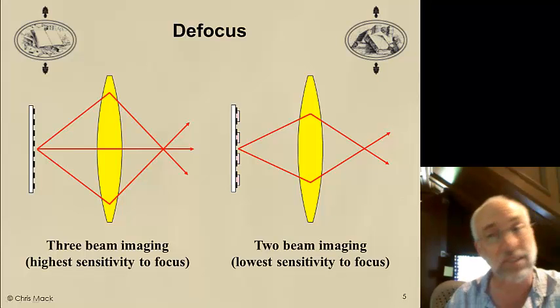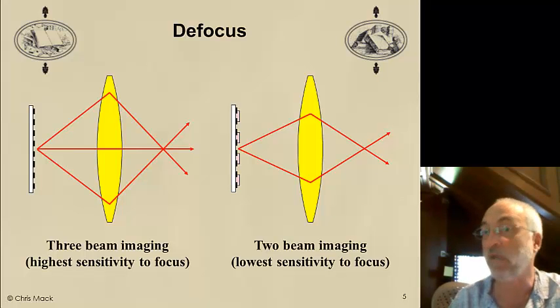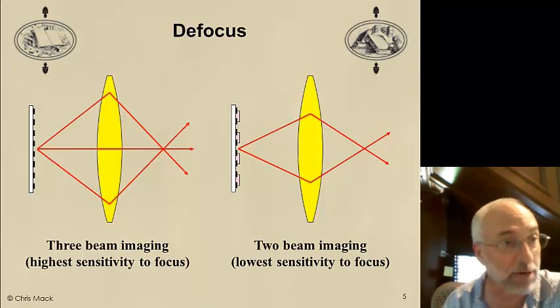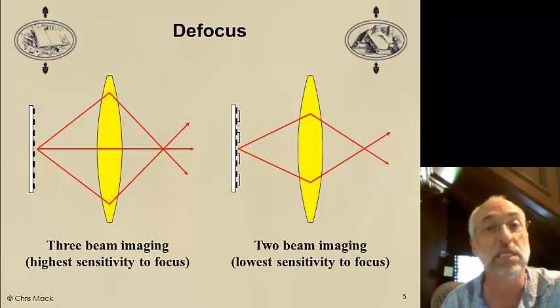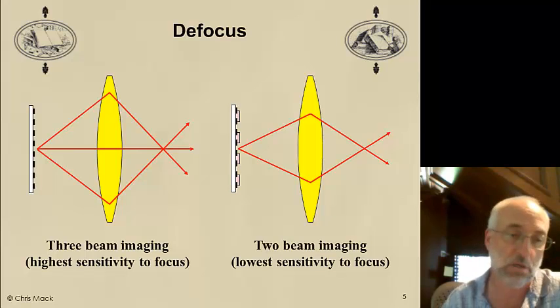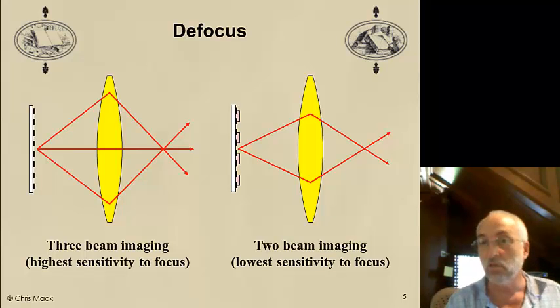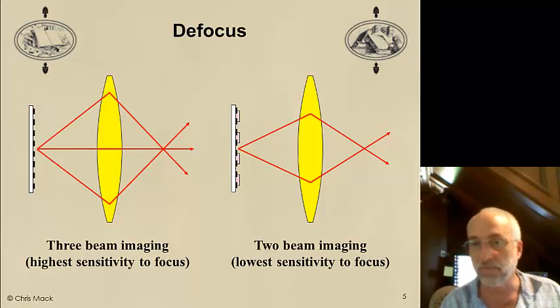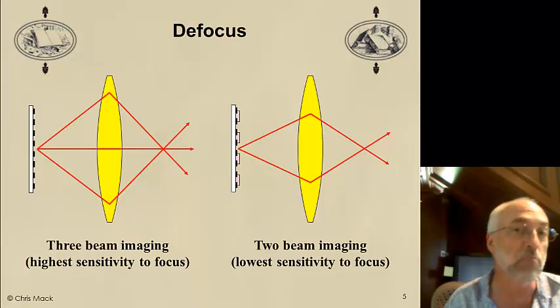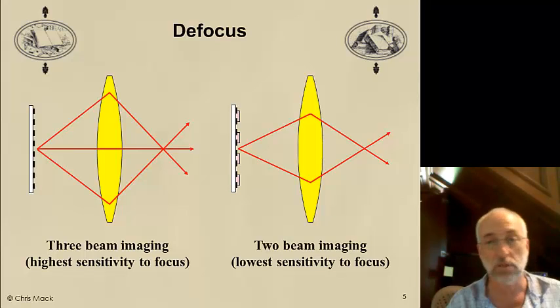If they travel the same distance, they have the same error in phase. If they have the same error in phase, there is no phase difference. Only phase differences matter. Phase is a relative thing, so only if we have a difference in phase can we even notice what the phase is. So with no phase difference, I won't see any impact due to defocus.